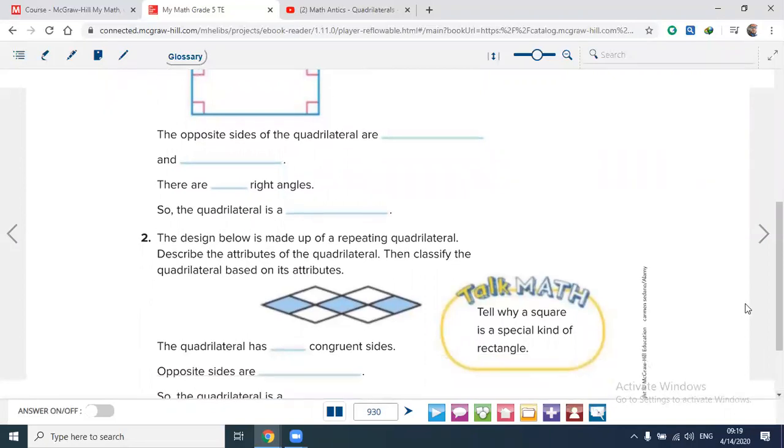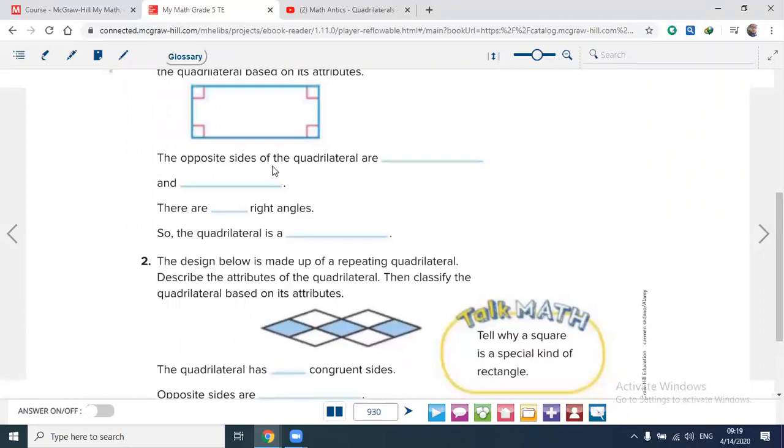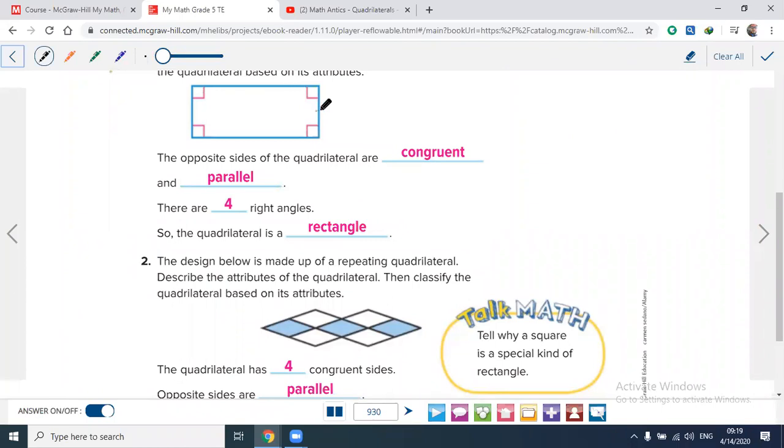So this quadrilateral has opposite sides that are congruent and parallel. Congruent means equal. This and this are equal and parallel.